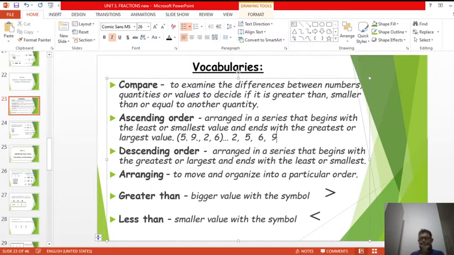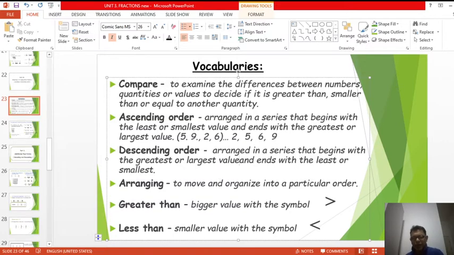Now, let's move on to the next one: descending order. Descending order is an arrangement in a series that begins with the greatest or largest value of the number and ends with the least or smallest value.